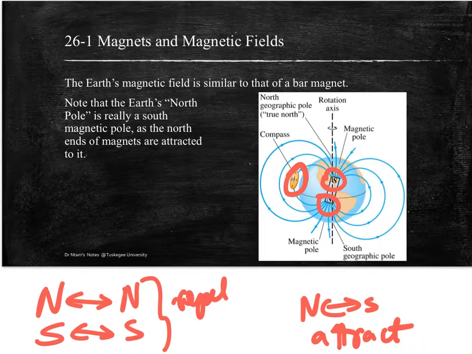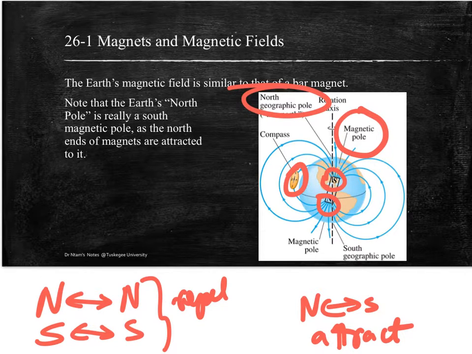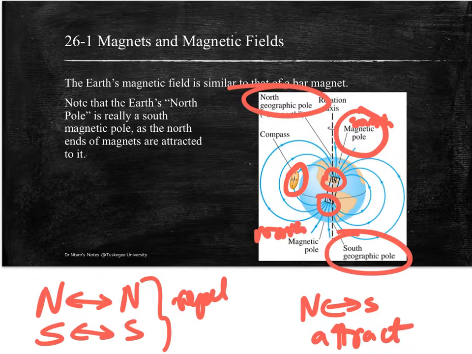So that gives rise to the terminology north geographic pole, referring to the direction given by the compass, which actually corresponds to the south magnetic pole. And we have the south geographic pole, which is the south of the compass, corresponding to the north magnetic pole.